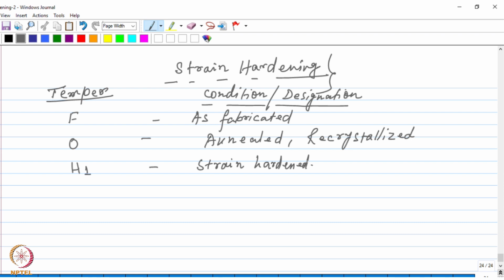And to what level or what degree it has been deformed or strain hardened, that you can identify from one more digit which will follow the first digit. Okay, so it will be like this. H12, H14, H16, and H18.